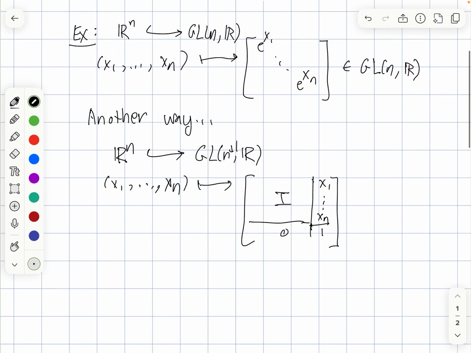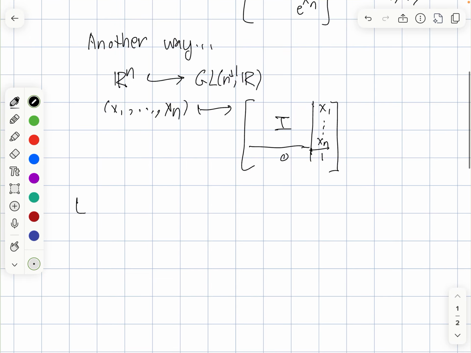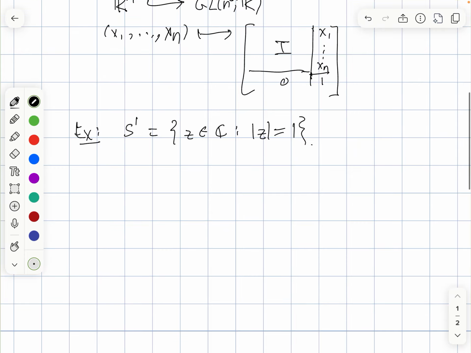Okay, another example is to take the circle group S1. So this is the subgroup of C consisting of all complex numbers such that the modulus of z is 1. And this is isomorphic to a subgroup of GL2R.